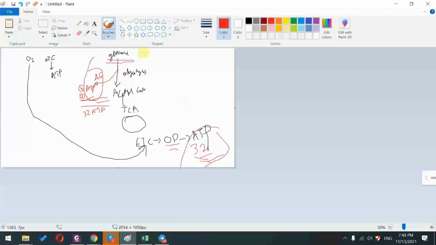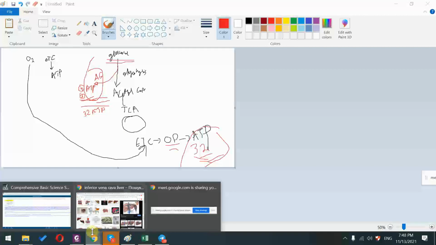So imagine a patient who has cancer and is mainly doing anaerobic glycolysis. Will he be fat or thin? Thin, because he's consuming a ridiculous amount of glucose. He's becoming cachectic, as we call it, or really thin. There are many reasons why they become thin, but this is one of them.